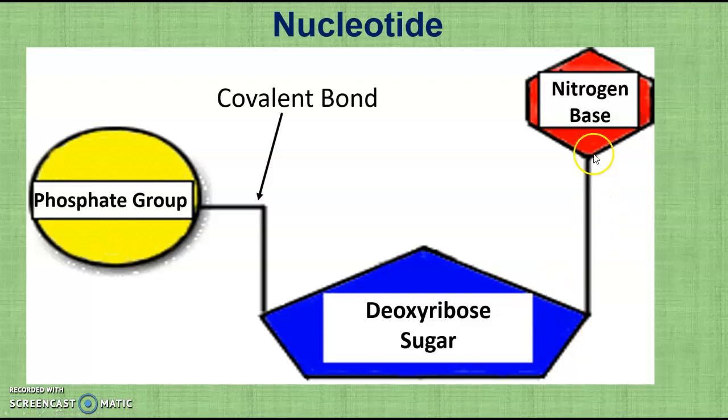And then the sugar is connected to one of the four nitrogen bases. And the sugar and the nitrogen bases may vary a bit if you're talking about DNA or if you're talking about RNA. But we're in DNA right now, so we're talking about deoxyribose sugar, and we're talking about A's, T's, C's, and G's.